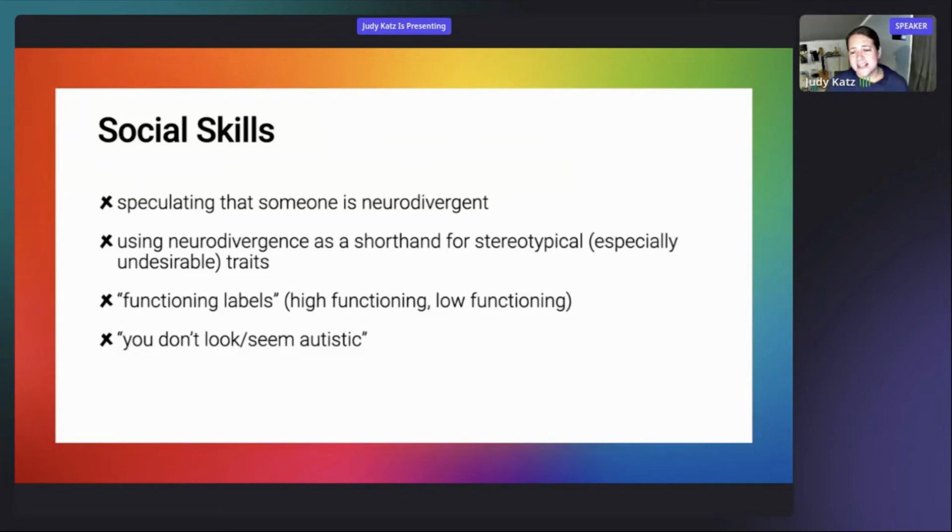So first of all, speculating that someone is neurodivergent. I cannot tell you how many times I have heard in the workplace and among friends, even when people know that they are talking to someone who's neurodivergent, oh, they might be a little bit autistic, as a way of explaining why somebody is a jerk or a bad boss or is uncaring.